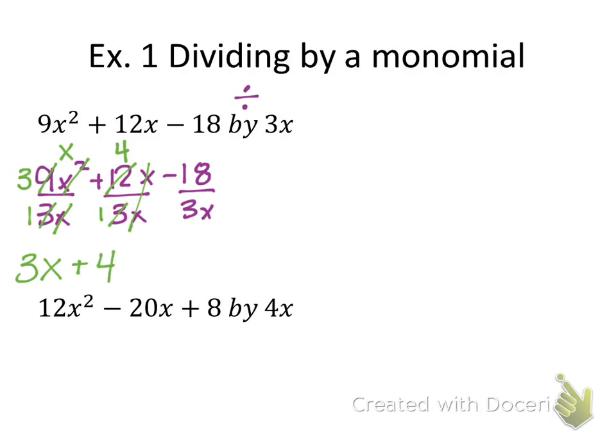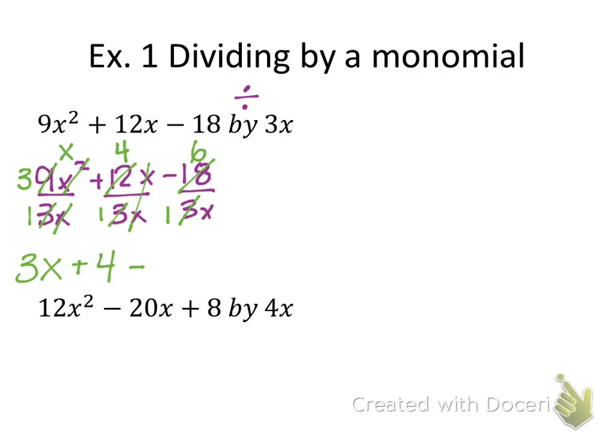Now I've got to do the last one, okay? First of all, I'm going to keep my minus sign there because I know it's going to have the same sign. And then I don't even have to worry about the sign. I've got 18 divided by 3. What number will go into both 18 and 3? 3. 3 goes into 3 one time. 3 goes into 18 6 times.